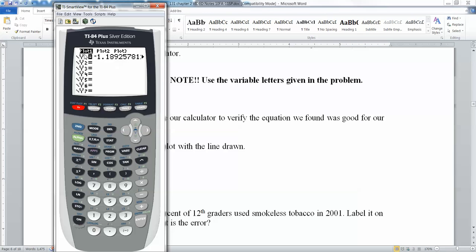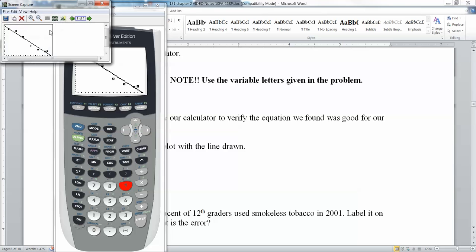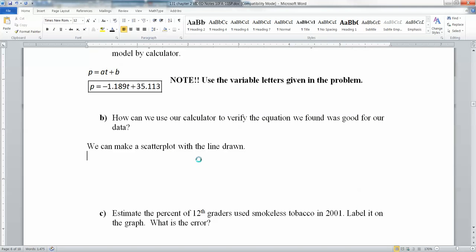So I have my plot 1 on, so that means I'll get a scatter plot, and I've got this equation in, so it'll make that equation of that line. So I'm going to press zoom 9, and it'll graph it. And then to show it, you'd draw a picture of it with the line drawn, and you as a student will just draw a quick sketch.